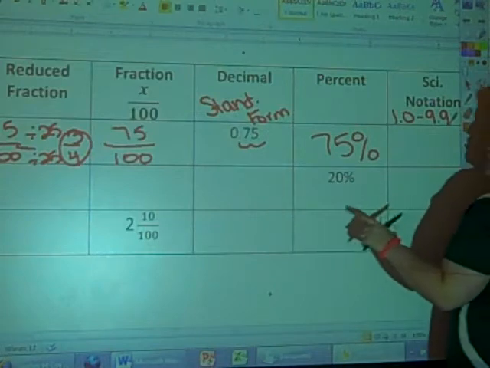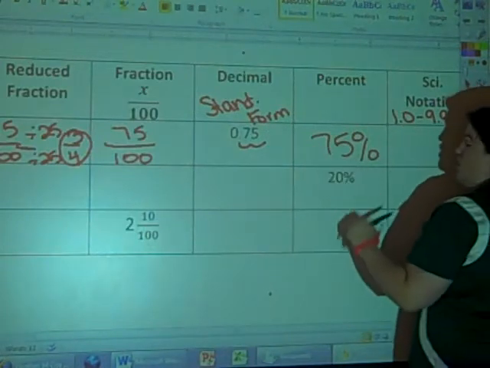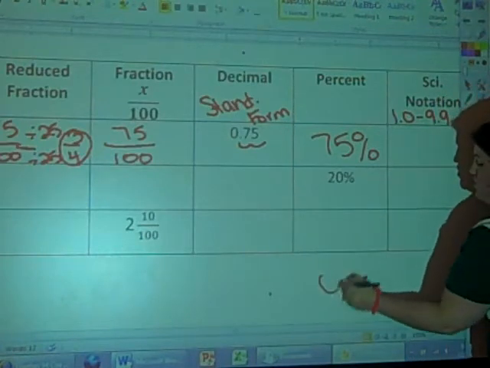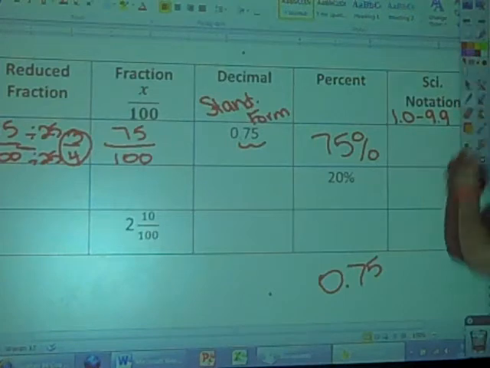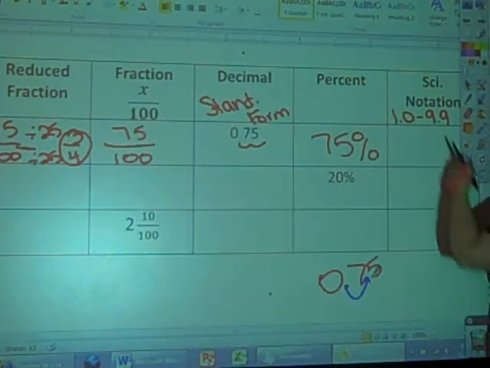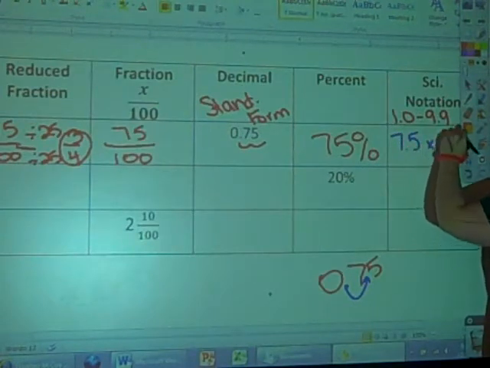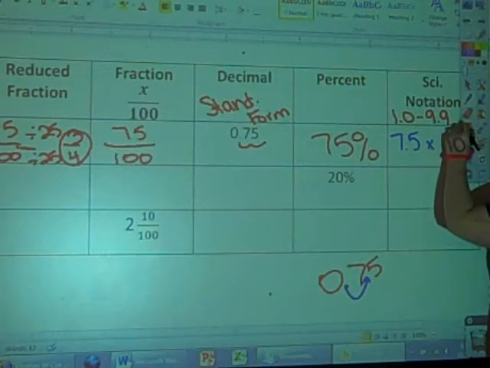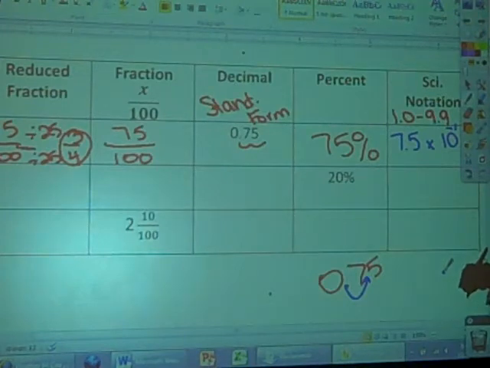It's not currently how we want it, so I can show some work off to the side, 0.75. I'm going to want to move it between the 7 and the 5. That way my first factor would be 7.5 and would fit in with what I'm doing. So 7.5 times 10. Well, I only had to move it once, but it was a smaller number going to that, so it's actually to a -1. So 7.5 times 10 to the -1 would fit that.